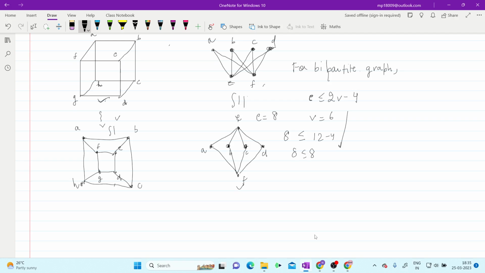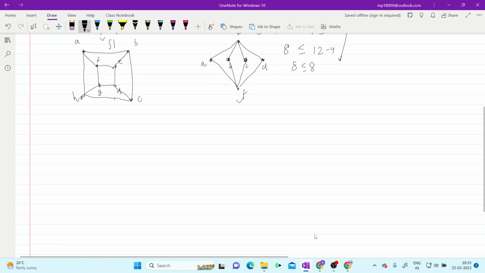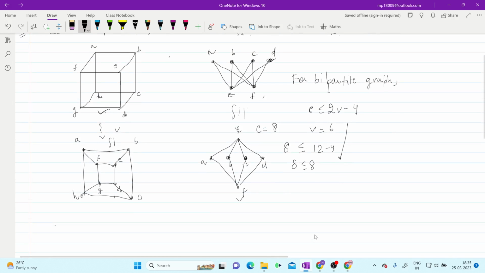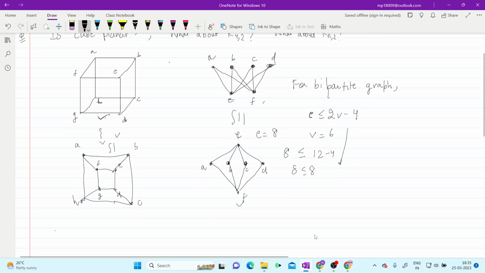Yes, ma'am. Okay, now using these two examples: if the number of edges is less than or equal to 2v minus 4, and it is equal, then also it is planar, no? Here 8 is equal to 8, so it is planar. No. See, this is not an if and only if condition. You can use this to show non-planarity, but we cannot use it to show planarity.